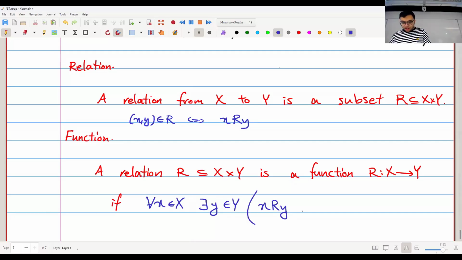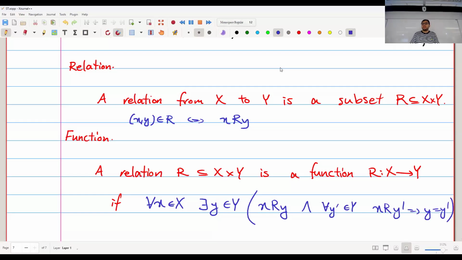So, and for every, let's say, y prime in Y, if xRy prime, then y is equal to y. So this is the definition of a function.